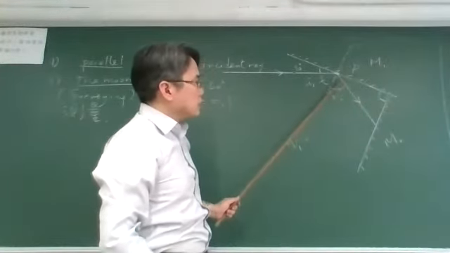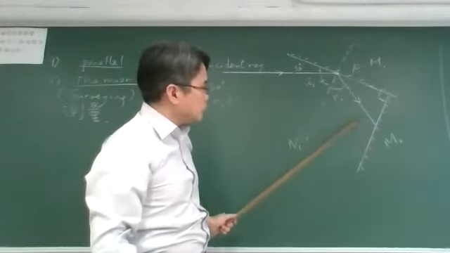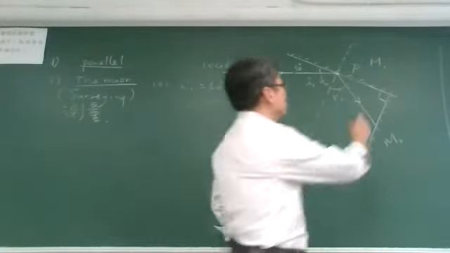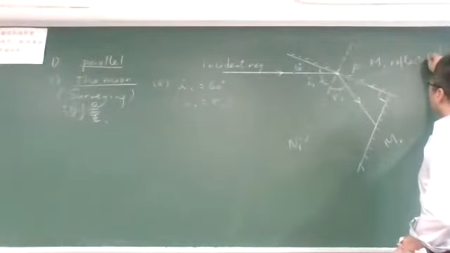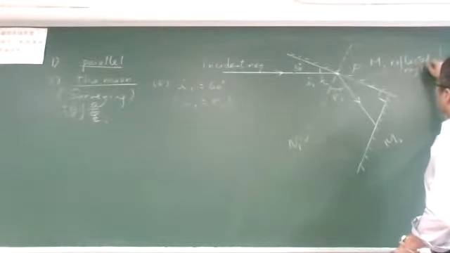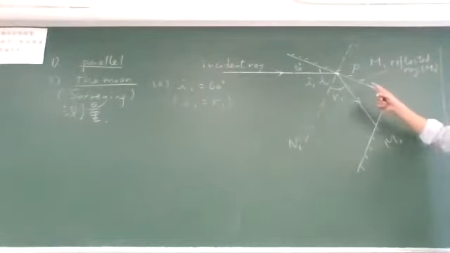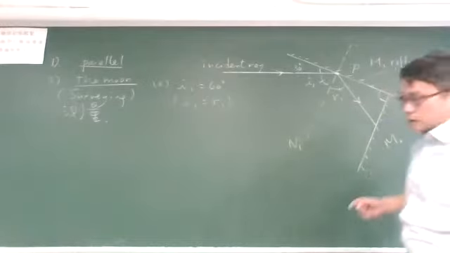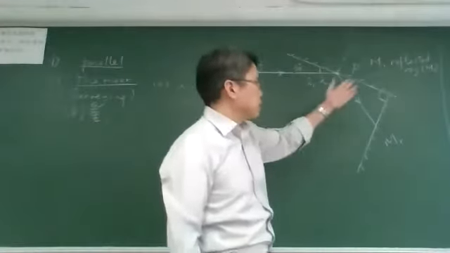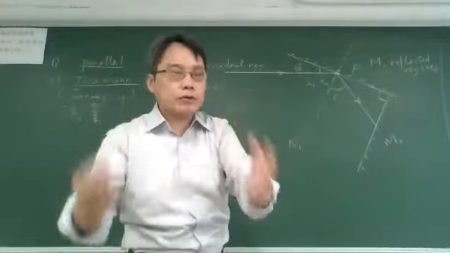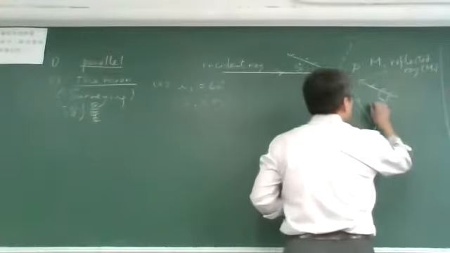And so this light ray is also the incident ray of M2. It means that from the point of view of mirror 1 it is the refracted ray, but from the point of view of mirror 2 it is the incident ray.